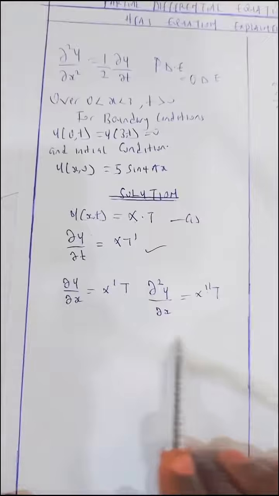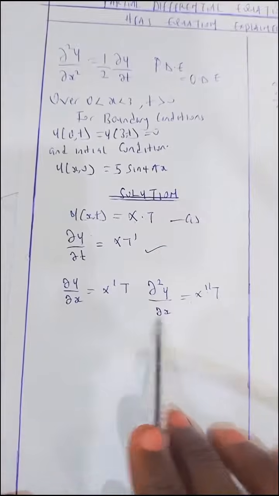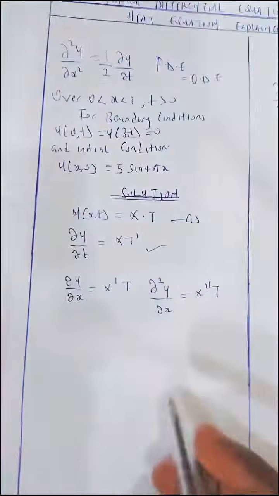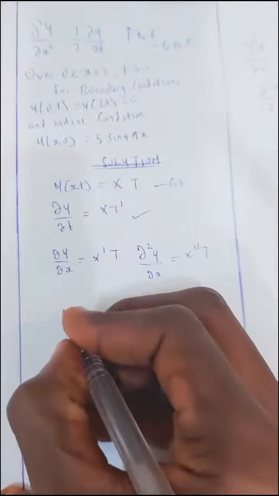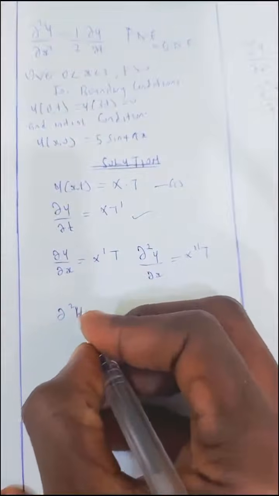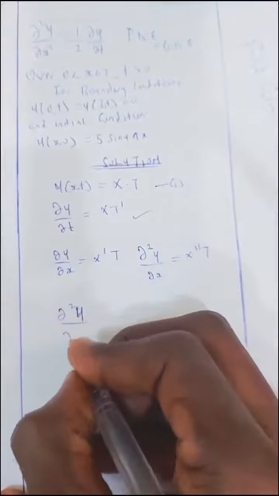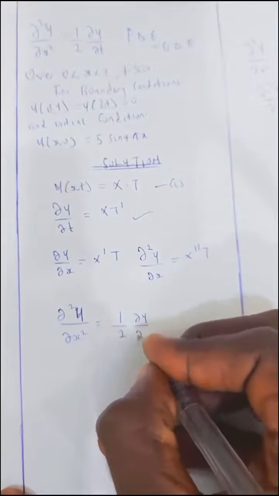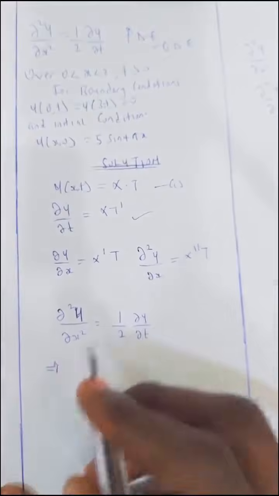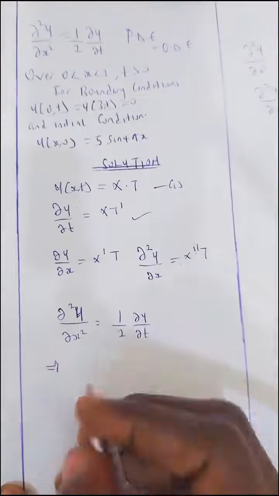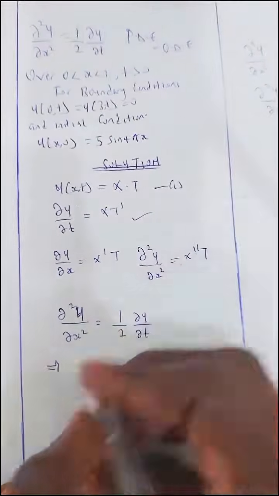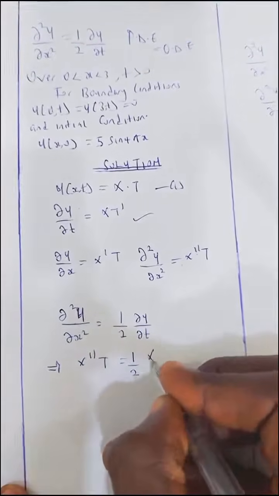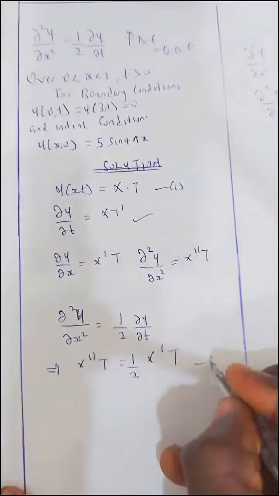Now substituting this answer, meaning this partial differential term, back into the general equation, the second partial derivative of u with respect to x equals 1 over c times the partial derivative of u with respect to t, implies we have X double prime T equals 1 over c multiplying X T prime. Say this is equation 2.